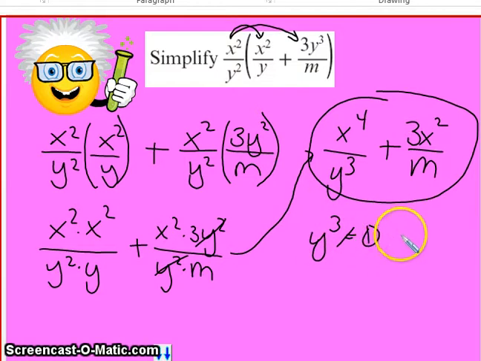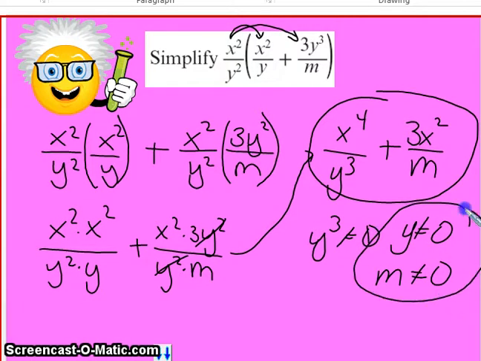Well, that would be 0. So we also have to say, as part of our answer, that y cannot equal 0. Now notice m is also a denominator, so we also need to say m cannot equal 0. And this is part of our answer. It's an important part of our answer. So you do need to include that when you're doing your practice.